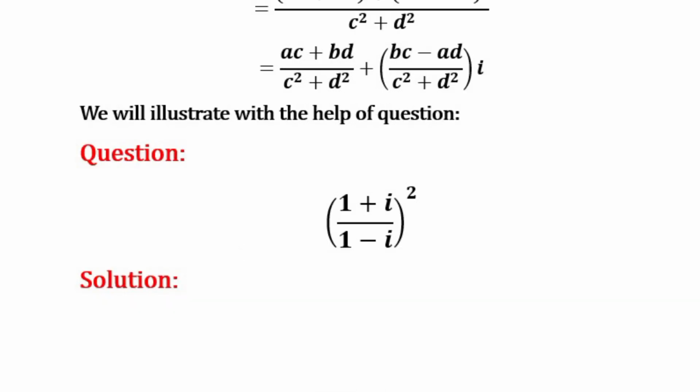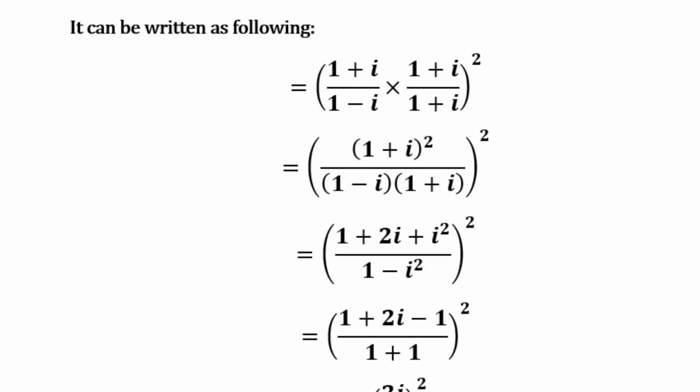We will illustrate with the help of a question. Question is that 1 plus iota in the numerator, 1 minus iota in the denominator, whole square. We will rationalize it. We will get (1 plus iota) whole square in the numerator and (1 minus iota) with (1 plus iota) in the denominator.